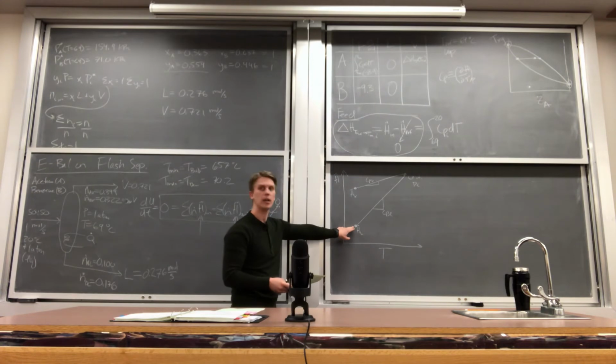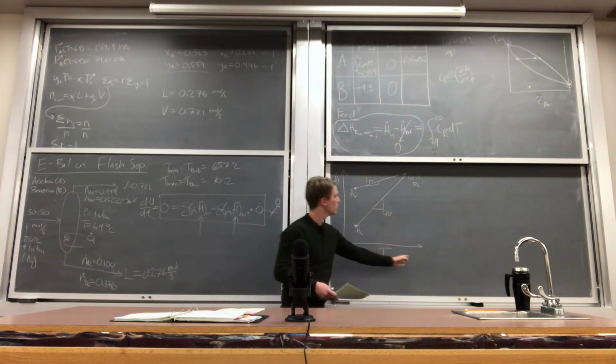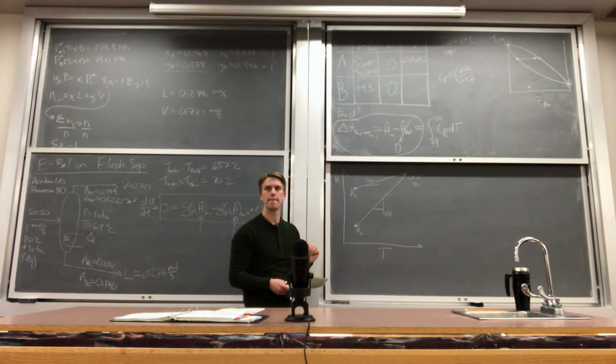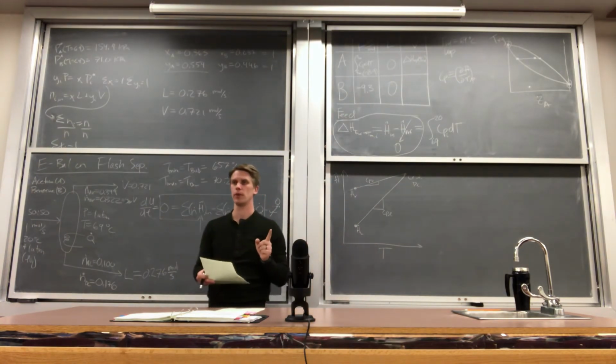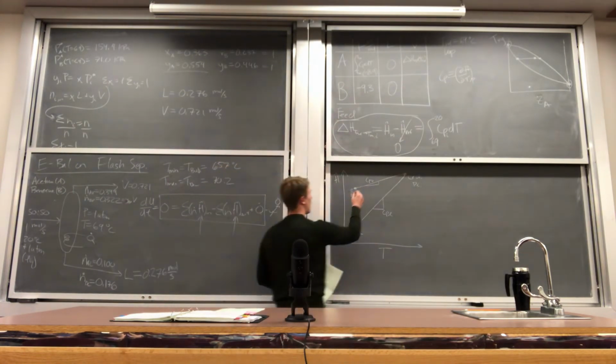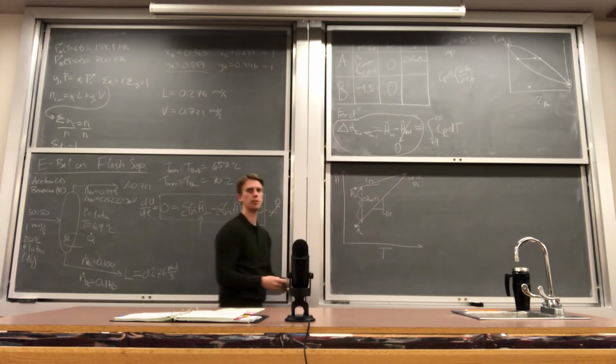We have the enthalpy of the liquid at some subcritical point where it's a liquid, and we have the enthalpy of the vapor at the same temperature. As we increase the temperature, we get closer and closer to the critical point. Eventually, these two lines will cross at the critical point. The height, the change between the liquid line and the vapor line, that is your heat of vaporization at some temperature.